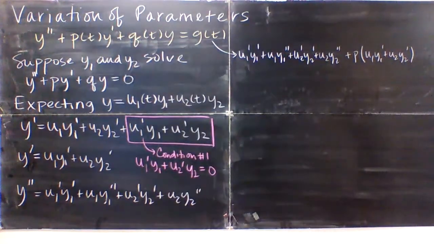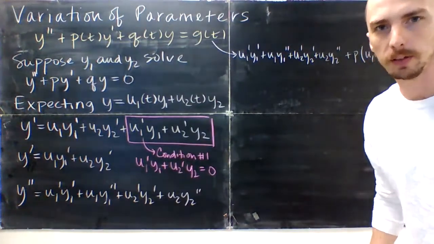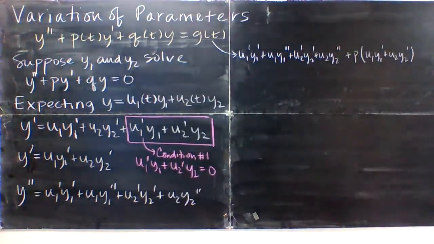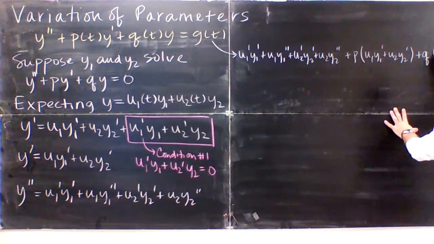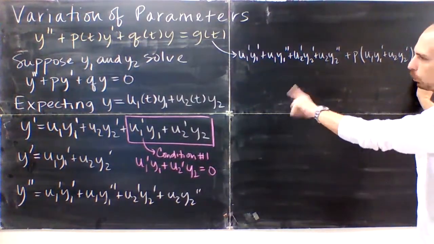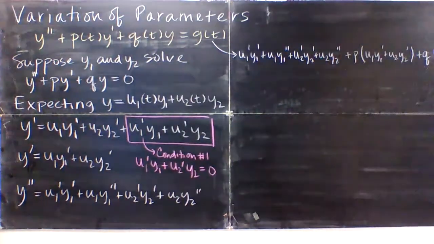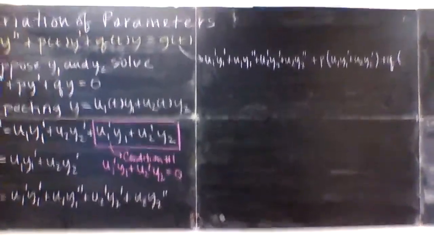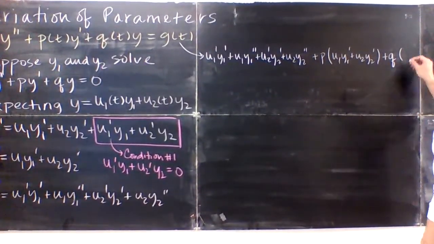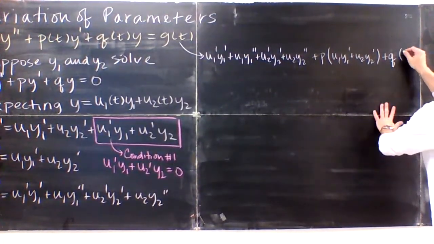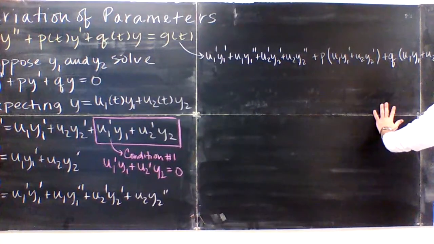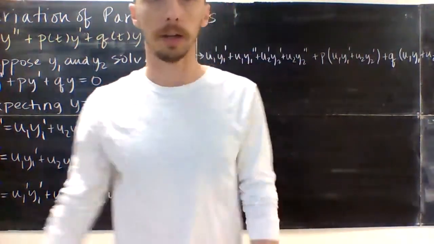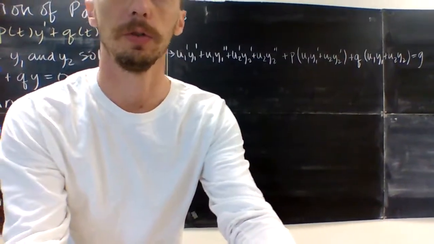I'm not going to have enough room here. Need to have q times y, which is u1 y1 plus u2 y2. That's equal to g of t. I just need some long equations for this.